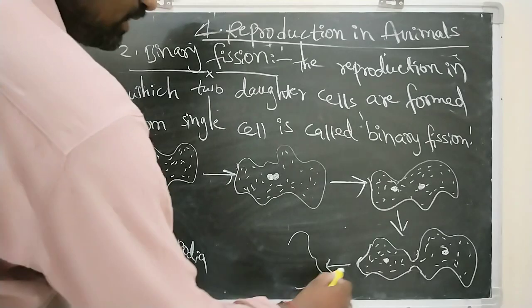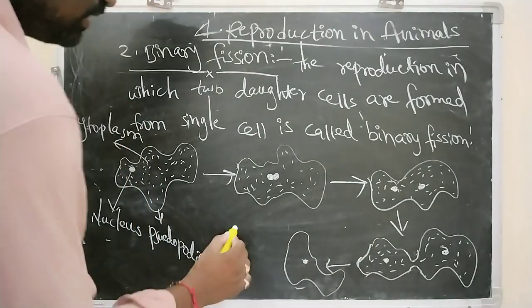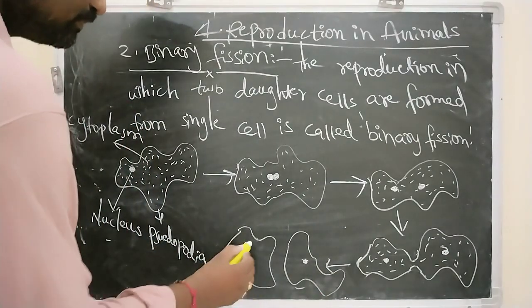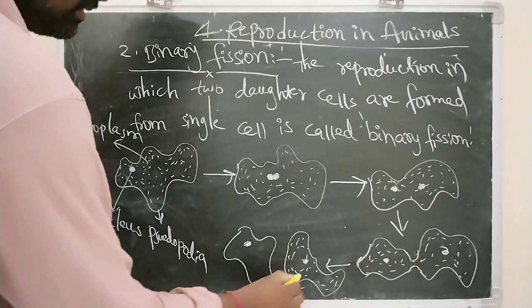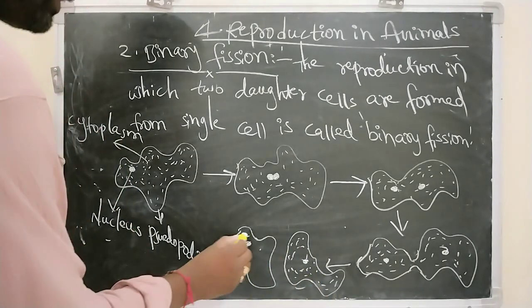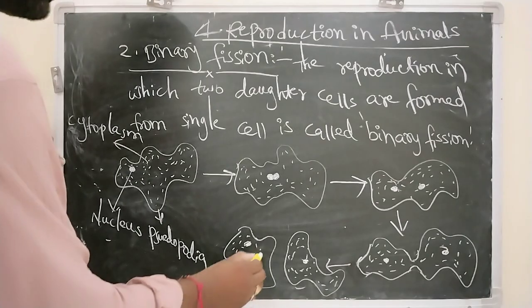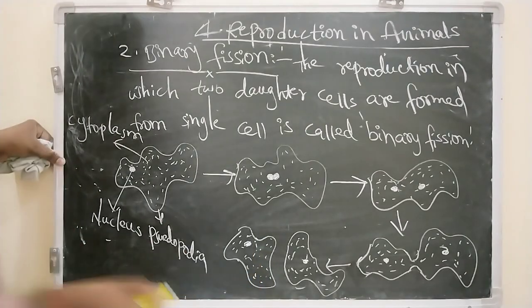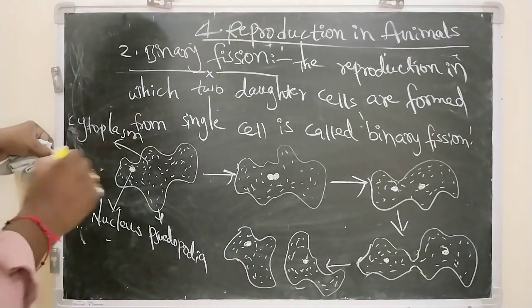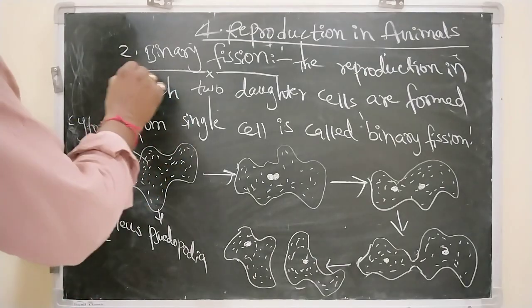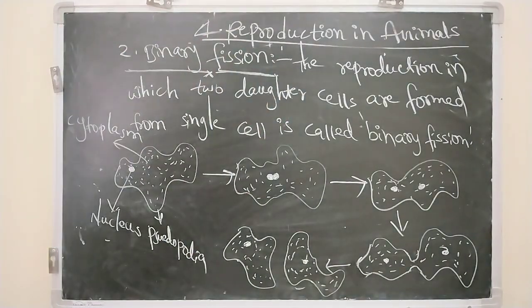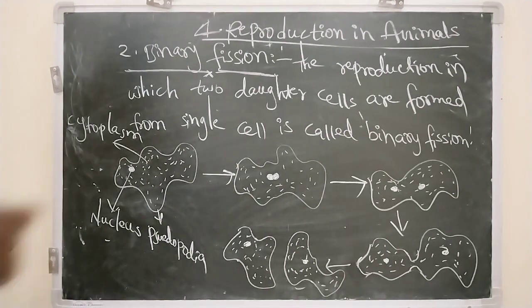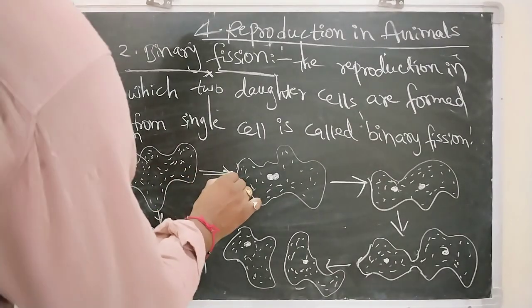As a result, finally two daughter amoebae are formed. So the reproduction in which two daughter cells, or two daughter amoebae, are formed from a single amoeba, from a single parent, is called binary fission. We will discuss another topic in the next class.